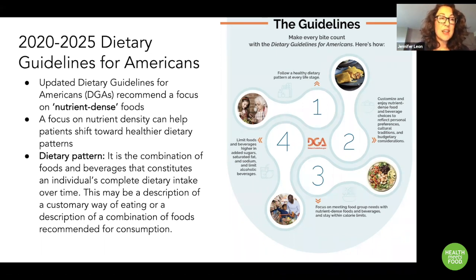And when talking to your patients about nutrient-dense food options, we want to be sure to work with their personal preferences, cultural traditions, budget, stress, home environment, and so on. We want to work to help our patients identify and choose nutrient-dense choices, and also, of course, limit energy-dense foods.